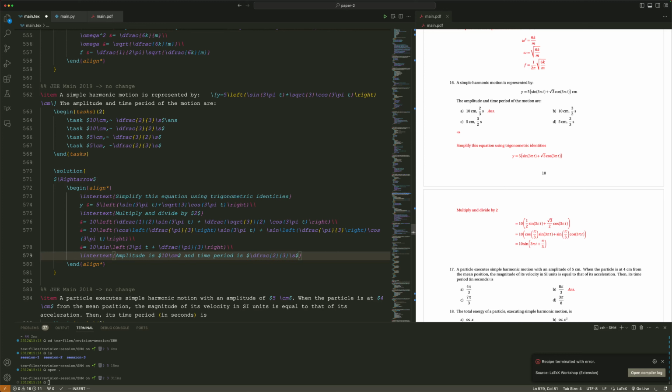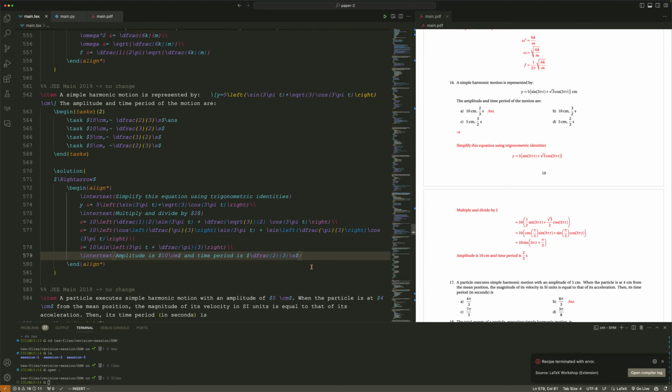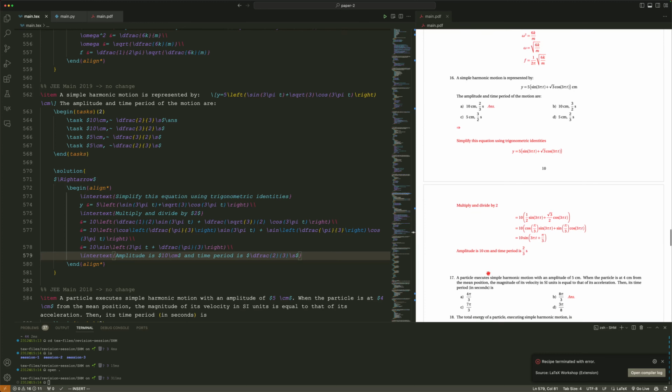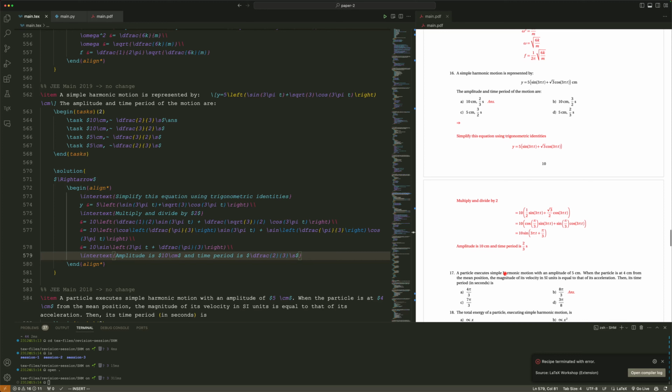So the time period is 2 pi by omega. Let's put it: amplitude A and time period 2 pi by omega. Let's put it in the fraction.